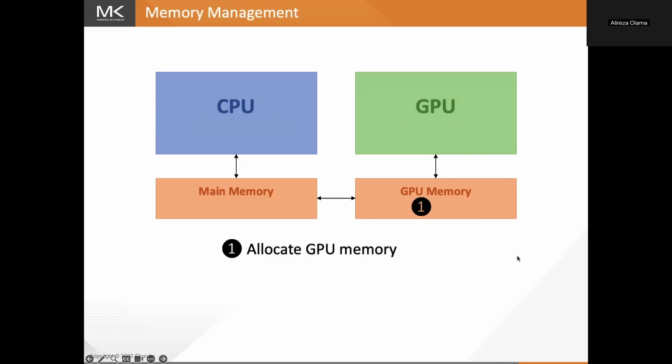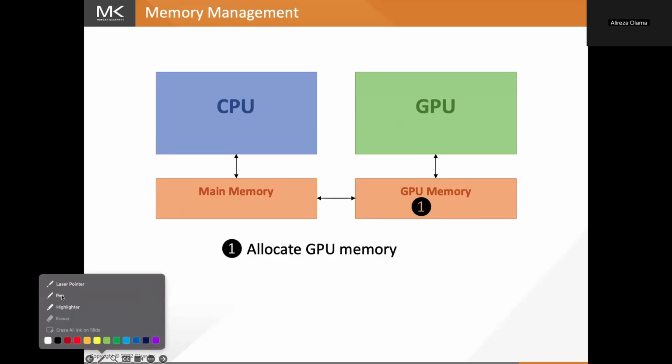So from a top level overview, let's see how we can program such a system. So there are different steps that we need to take when it comes to writing GPU programs. So the first step is to allocate some memory on the GPU, right? Because you want to process some data and that data needs some memory.